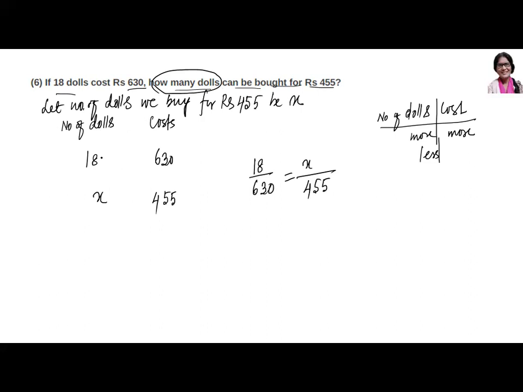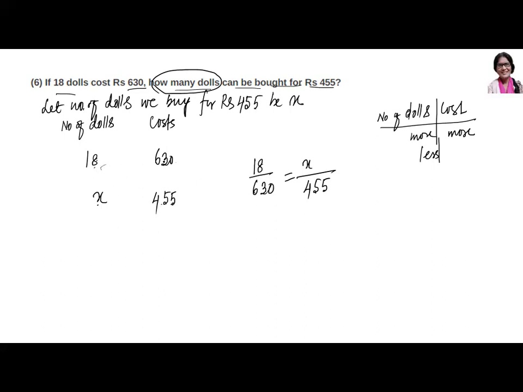One thing you note is that I can write this in another way. It also serves the purpose. You can write 18 by x is equal to 630 by 455. It will give the same answer. But here you have to make the ratio equal.